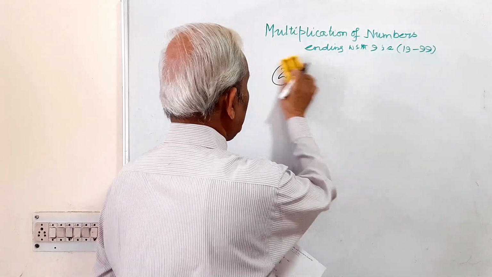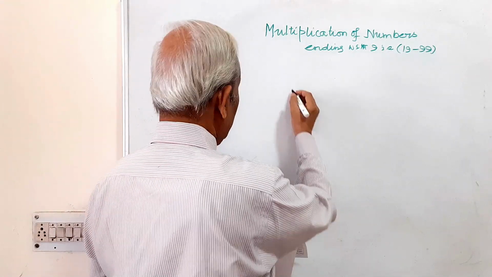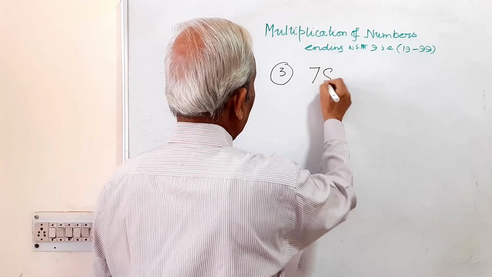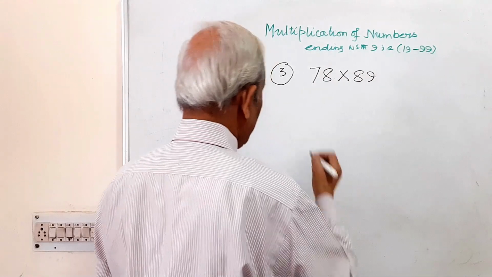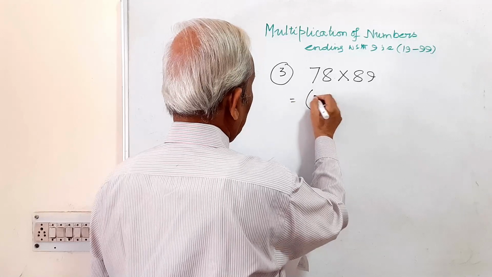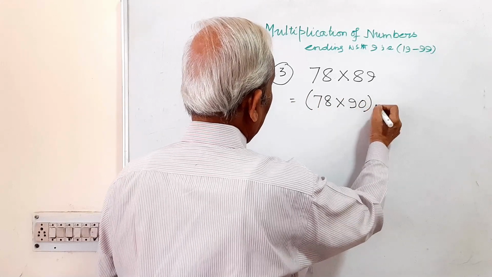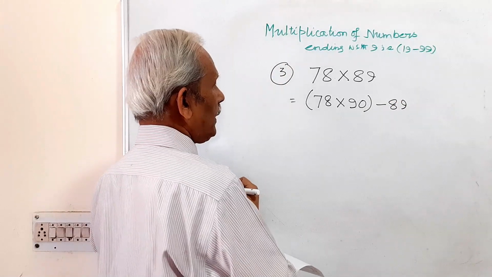Let's take the third problem. 78 into 89. So here instead of 89, we can multiply 78 into 90 and then subtract.